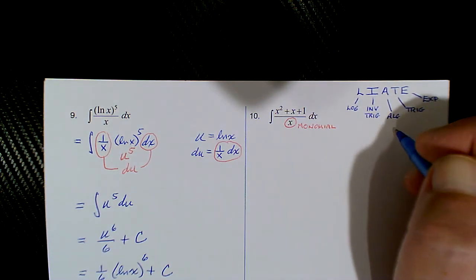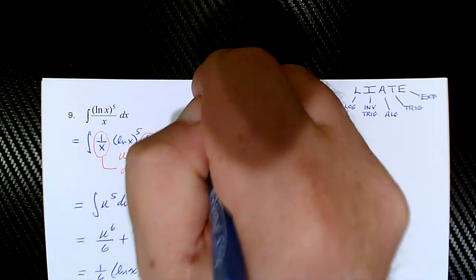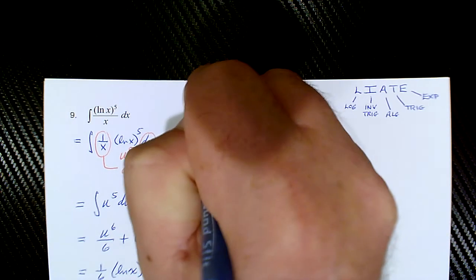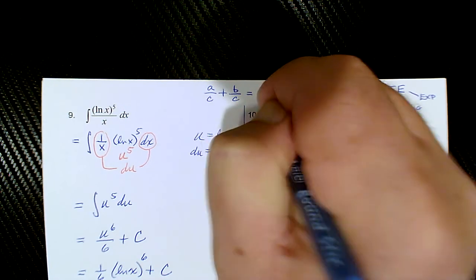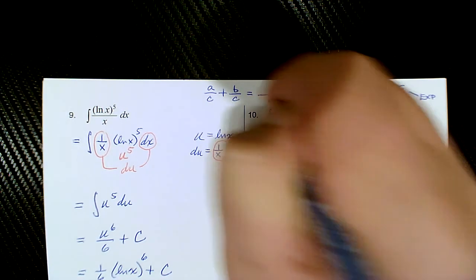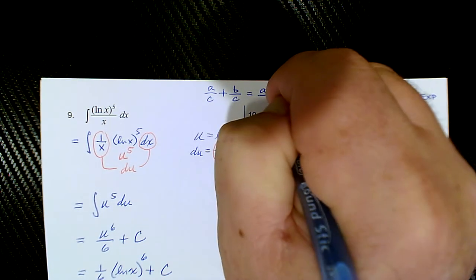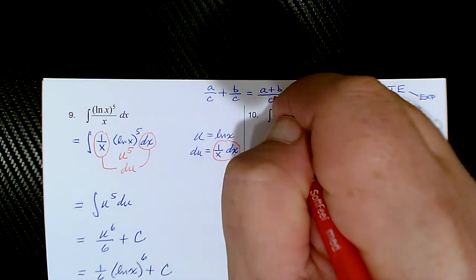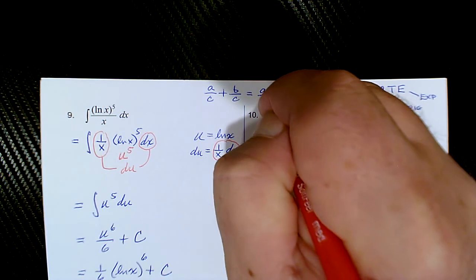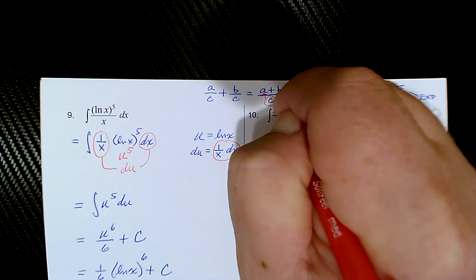That is, if we have, let me do it up here, a over c plus b over c, we know we can keep the denominator and combine the numerators. So what we're going to do here is use that rule in reverse. This monomial denominator will divide into each term of the numerator.